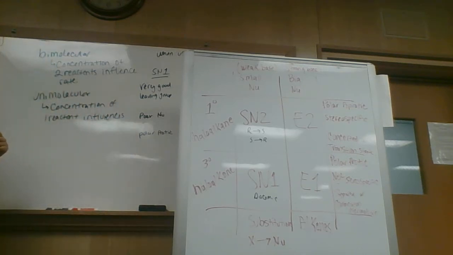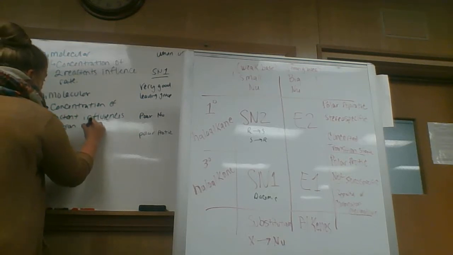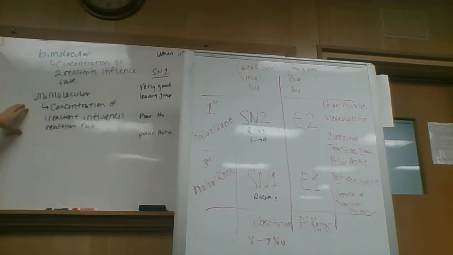It's the alkyl halide. Okay, so again, we'll talk about this when we get to unimolecular, but in unimolecular reactions, the concentration of the nucleophile doesn't affect the reaction rate. Okay? All right.